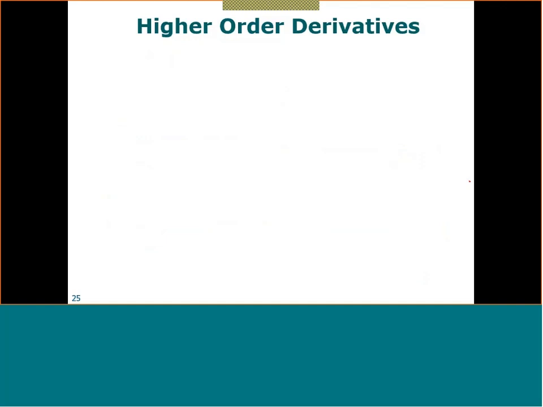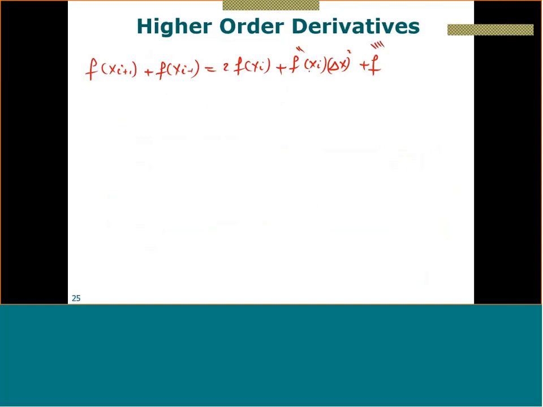If we have f of x_{i+1} plus f of x_{i-1}, this is equal to 2 f of x_i plus f double prime of x_i delta x squared plus f fourth derivative of x_i delta x to the power 4 divided by 12, etc.